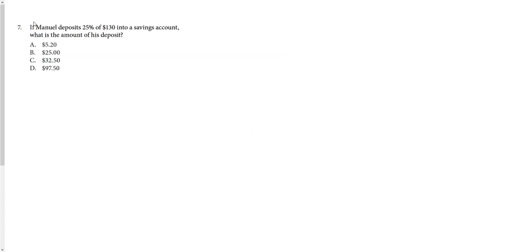Number 7, if Manuel deposits 25% of $130 into a savings account, what is the amount of his deposit? So we're going to need to multiply 25% of the 130.